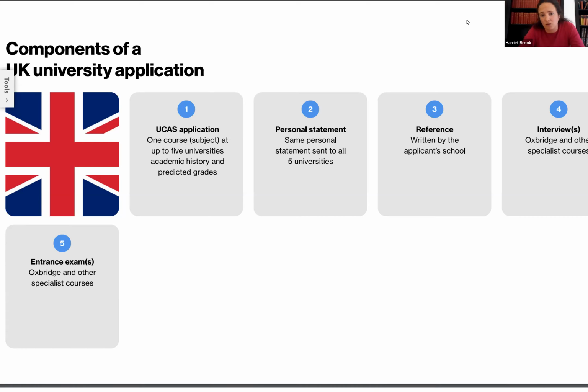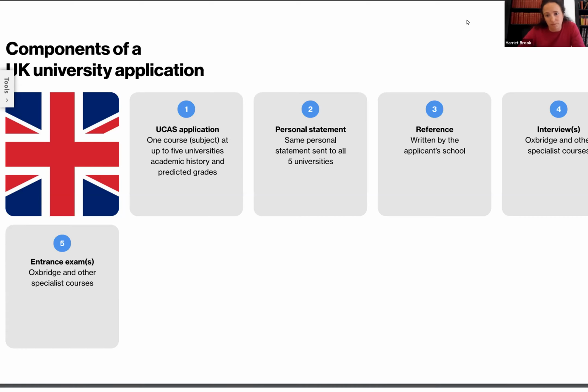And the core of that personal statement really needs to focus on your academic interests. Whilst I'd never discourage any teenager from having lots of extracurricular activities and interests, it is certainly true that in a UK application, your personal statement really needs to be very focused around your academic interests in that subject area and what you've done to prove that you've explored that independently.